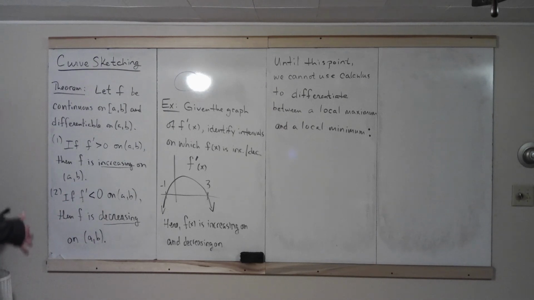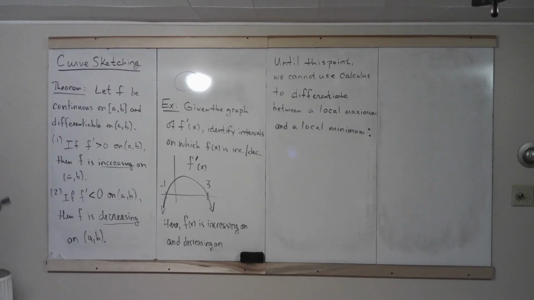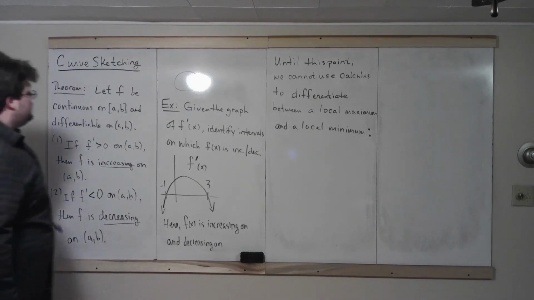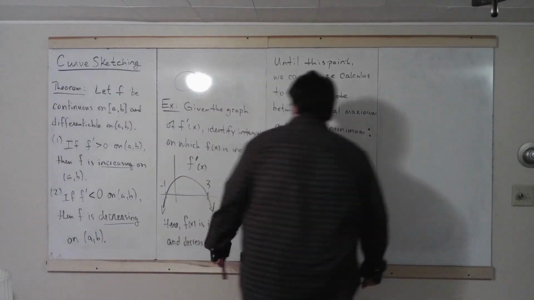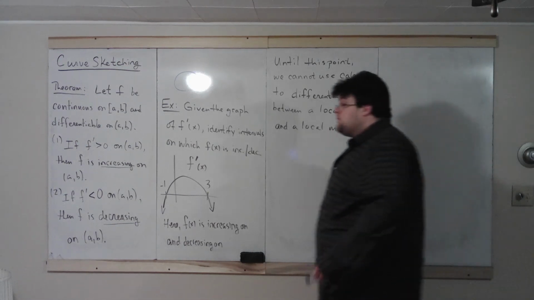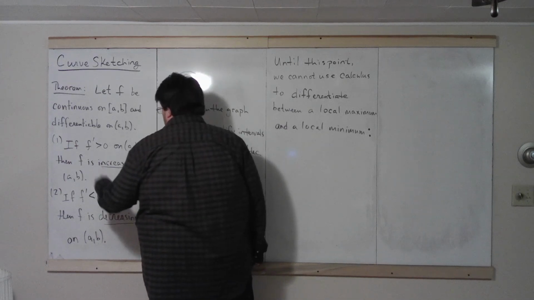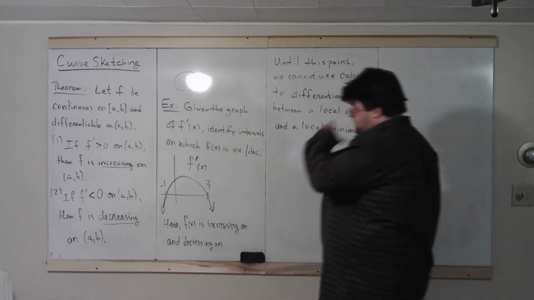So a property of the first derivative allows you to conclude useful information on the original function. Why is this useful? Well, we'll see. Our goal here is going to be to use the first and later the second derivatives to sketch a graph of an original function. So here, a property of the derivative lets you reach a conclusion about the original function.